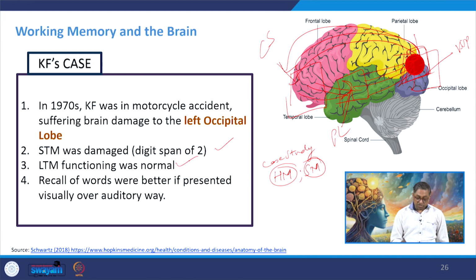Now LTM functioning was normal in this individual, so he was able to retrieve information from his past and also do new learning. Why was his LTM functioning normally? Because in the previous lecture we studied that the site of location for long term memory becomes independent of brain structures, so it does not depend on the hippocampus.